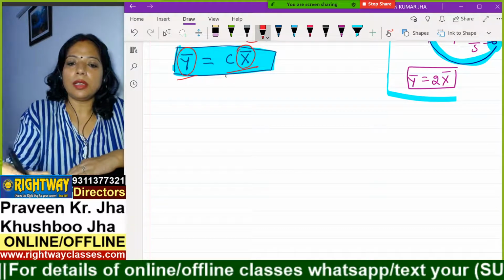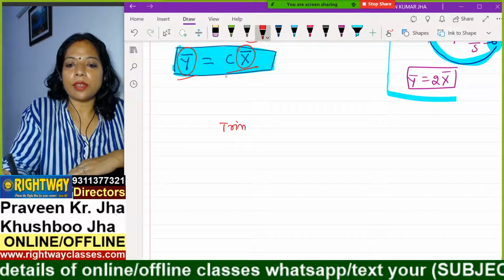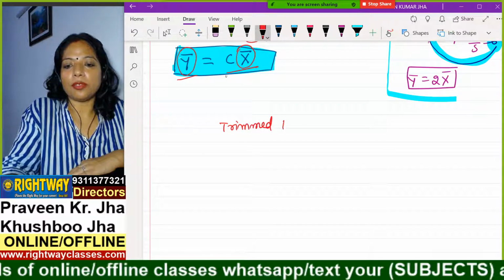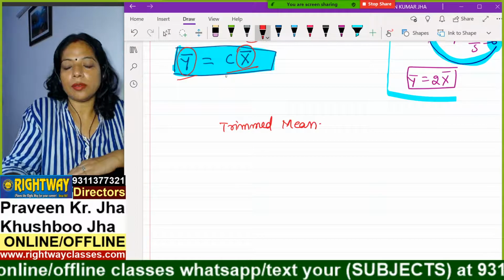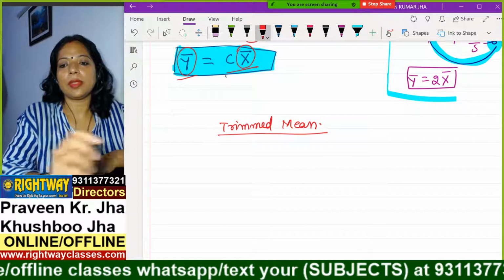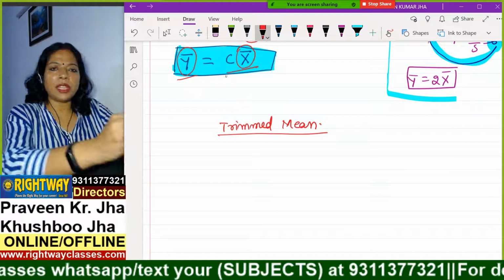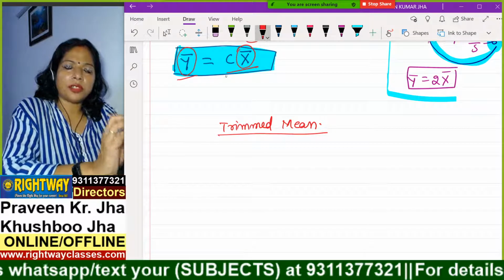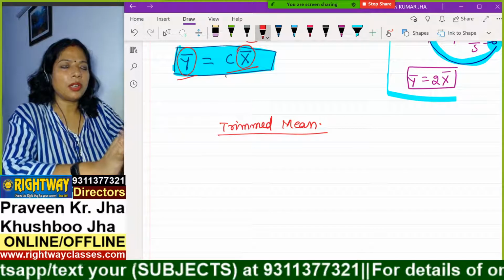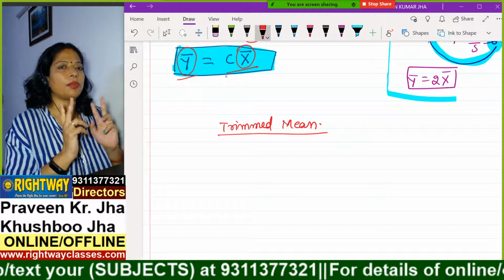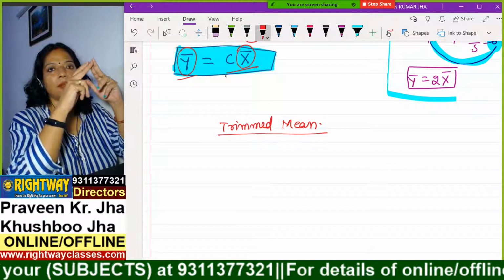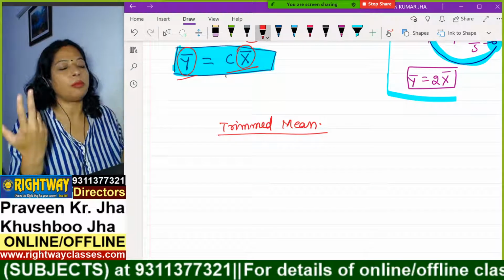Now we are moving to our next and last topic, trimmed mean. Why do we find a trimmed mean? When we first hear the word trimmed, the concept that comes to mind is a plant whose leaves we are trimming.